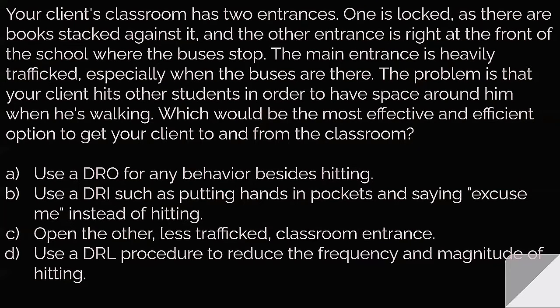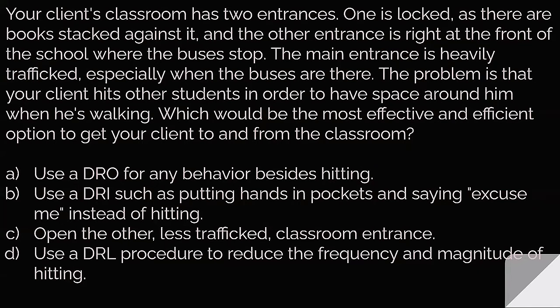At least stopping hitting might be good, but it doesn't seem to fit the scenario to me. If you're looking at the theme, the problem is there are too many people here and he doesn't do well with people around. So we can try to address that by saying don't hit. Maybe that stops him from hitting, but hopefully there's a better answer.